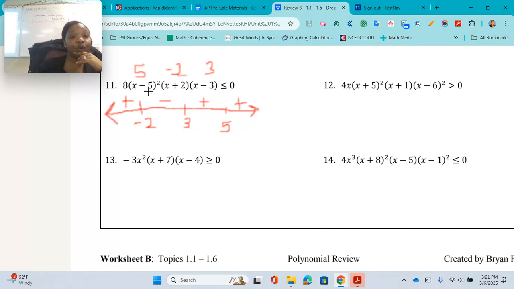Because the degree is 4, but this degree is 2, 1, and 1, that makes 4. And we're looking for the values that are less than or equal to 0. So less than or equal to 0, we could use what? Brackets. We're talking about less than, so we're only looking at the negative.